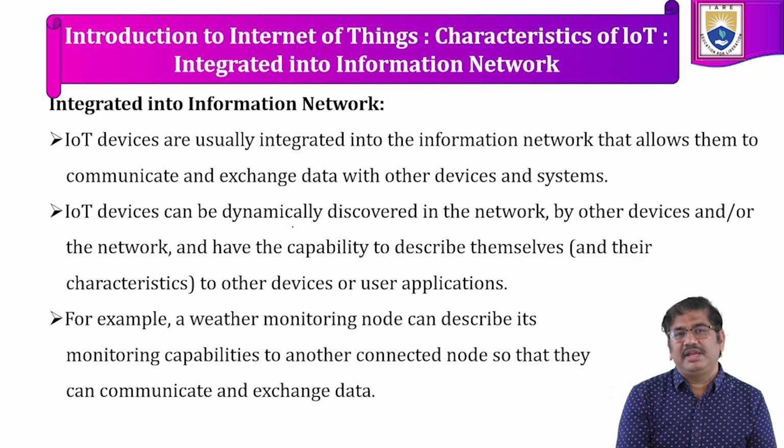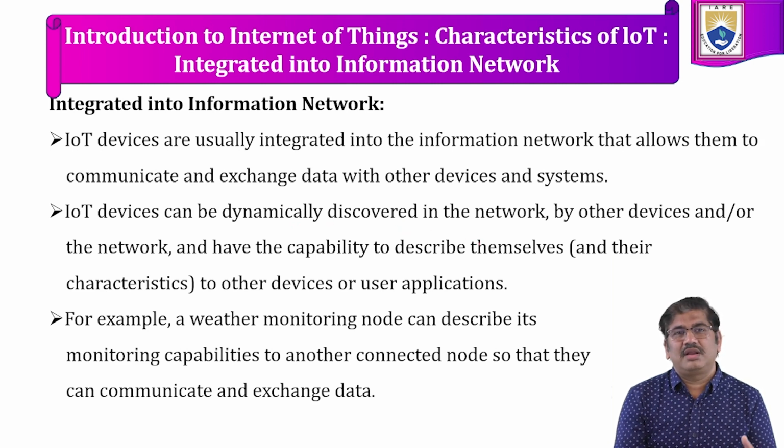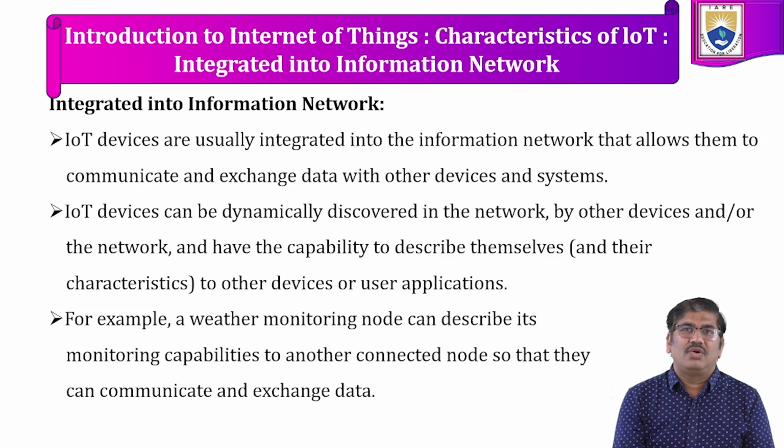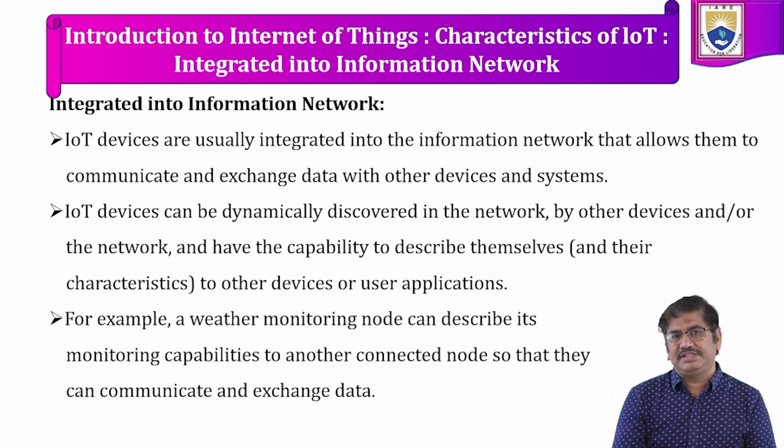IoT devices can be dynamically discovered in the network or by other devices, and have the capability to describe their characteristics to other devices or user applications. For example, a weather monitoring node describes its monitoring capability to another connected node so that they can communicate and exchange the data.